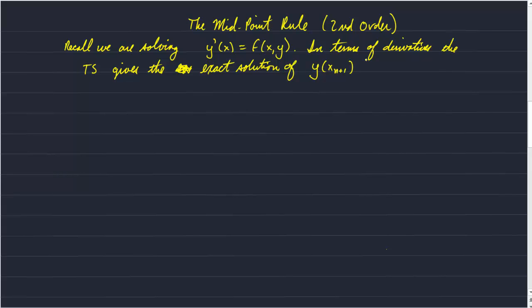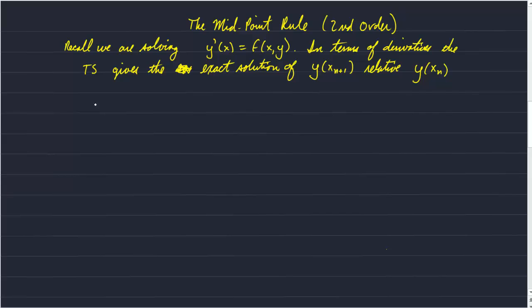So again, we're dividing our domain into discrete points, and the Taylor series will give the exact solution at x located at point n plus 1 relative to the previous position. So that's y at x sub n.